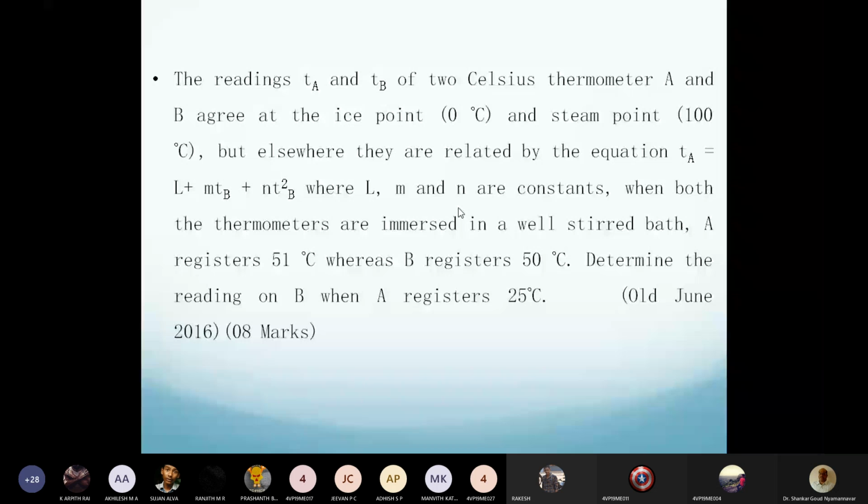So subtract 3 from 2. What will you get? Everyone should do this, and you have to show me the solution. Immediately send this on WhatsApp.